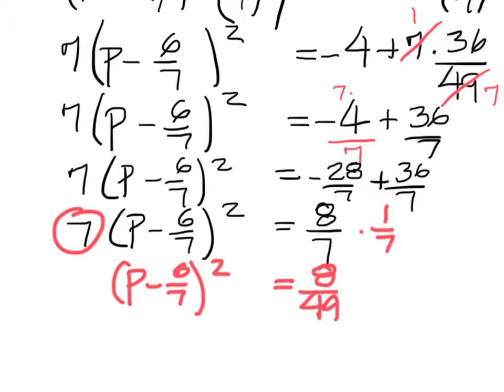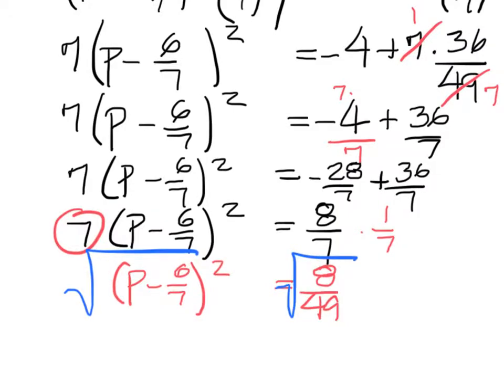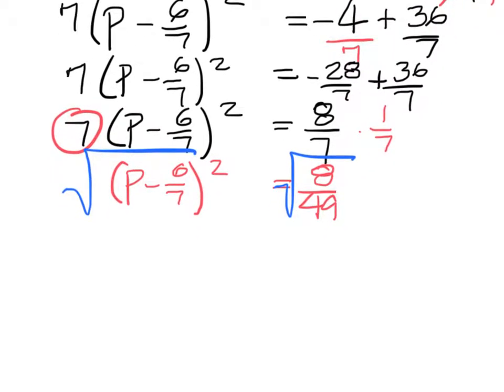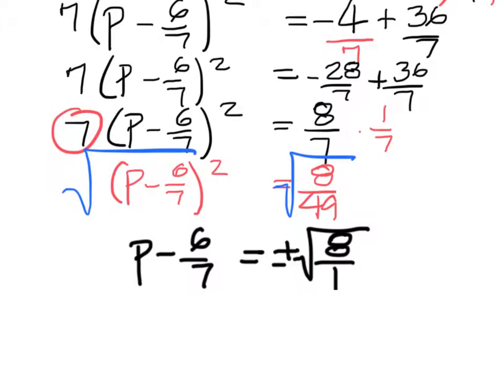And now we have to get rid of the perfect square. So that means we have to take the square root of both sides. So we end up with p minus 6 over 7 equals plus or minus the square root of 8 over 49.